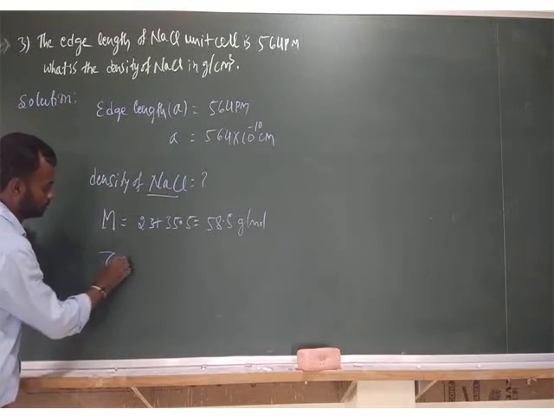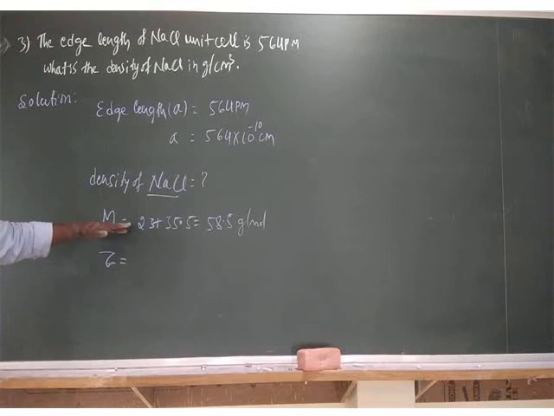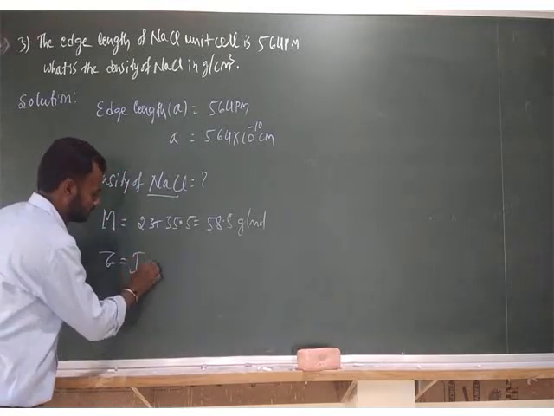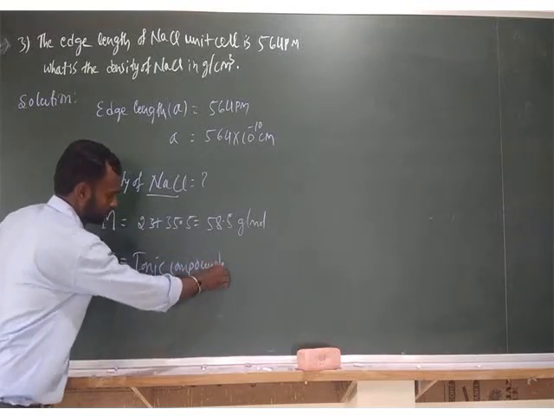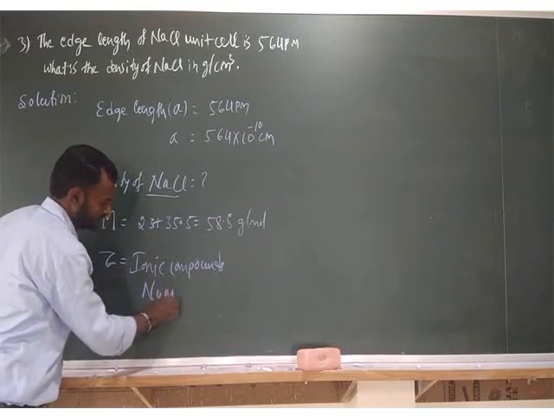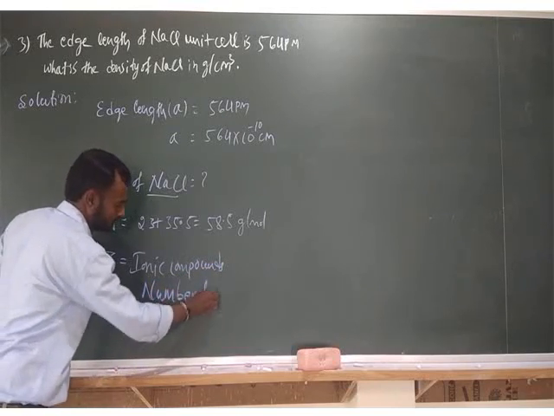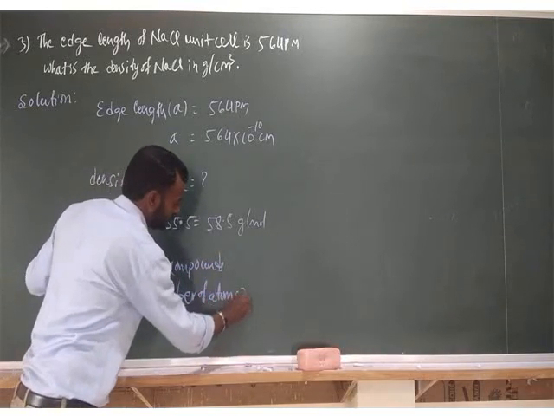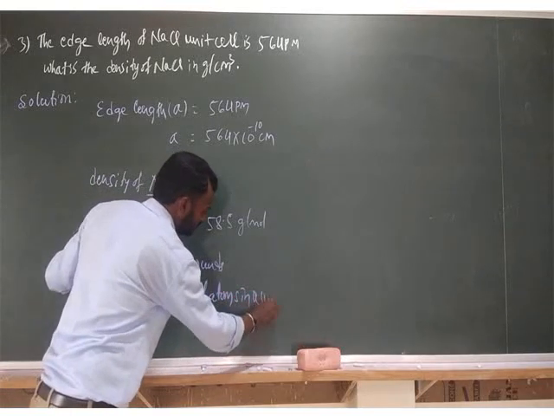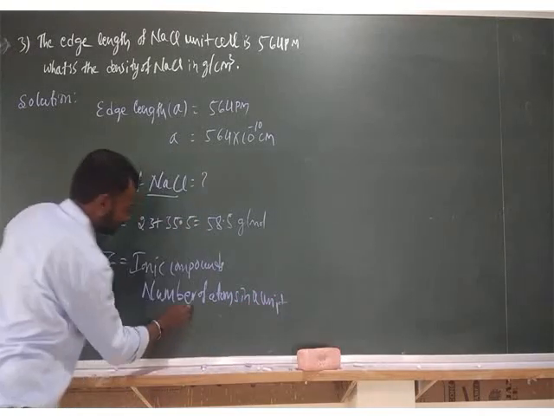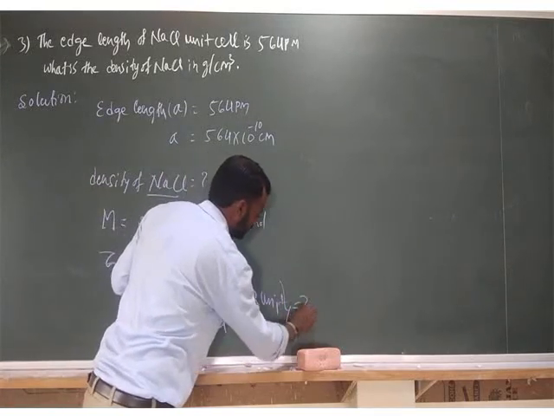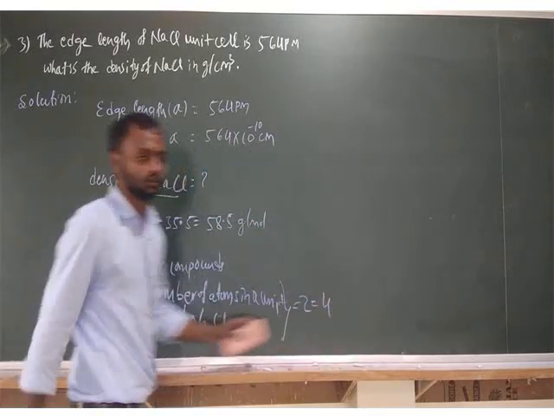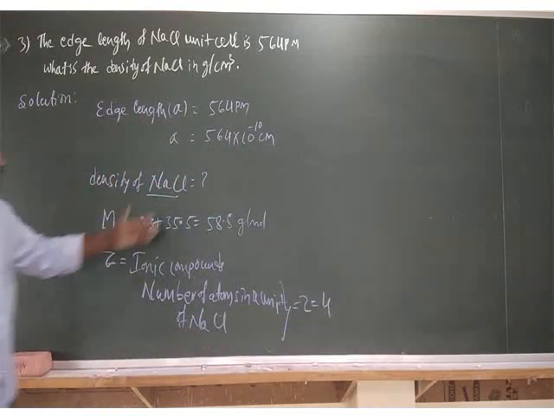In the previous discussion for ionic compounds, the number of atoms in a unit cell of NaCl is Z equal to 4.